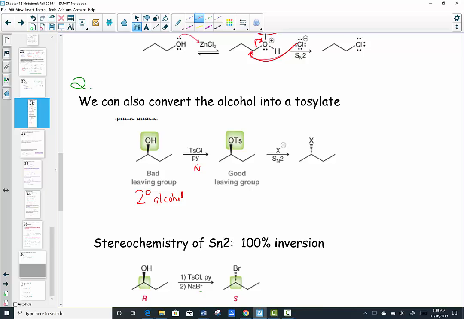We add the tosylate compound to make the oxygen a better leaving group, and then the leaving group leaves. And remember, this would just be a mechanism where the X negative, be it bromide or chloride, will add on, forcing that collision to make the leaving group leave. And we see a 100% inversion of configuration with the SN2 mechanism.